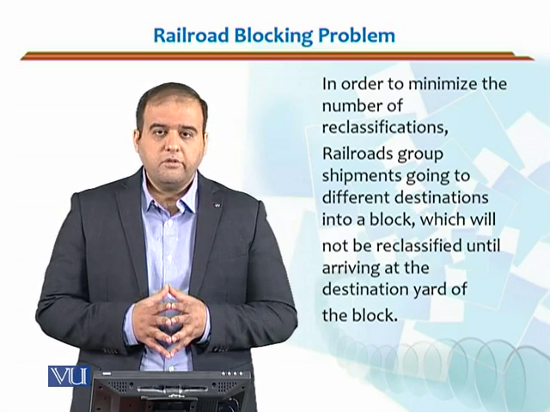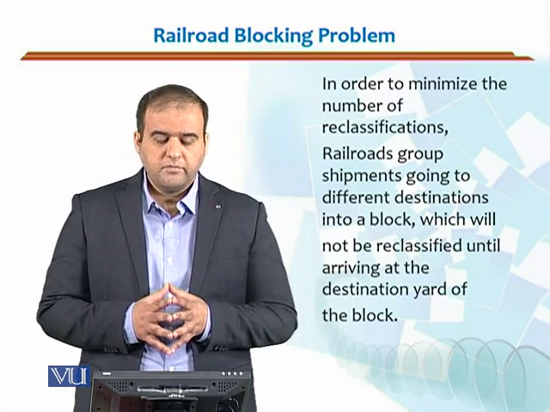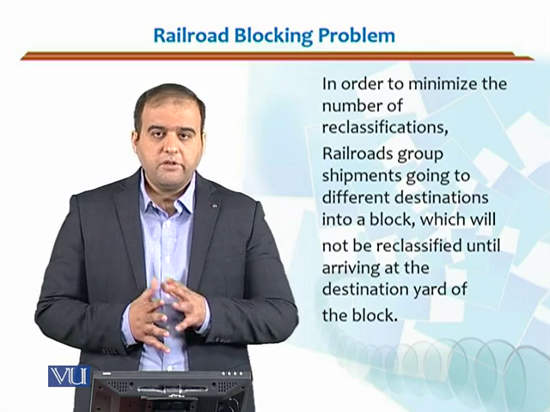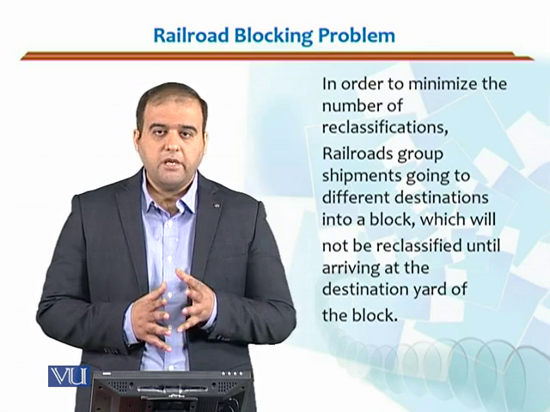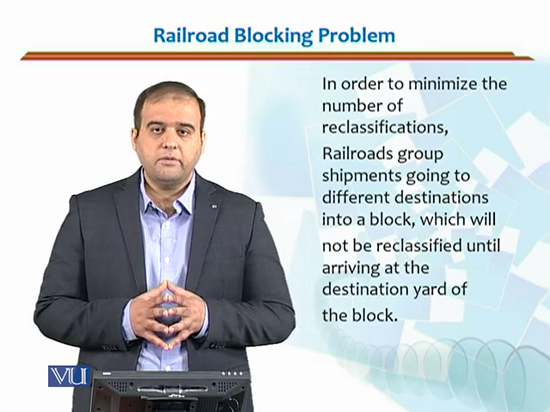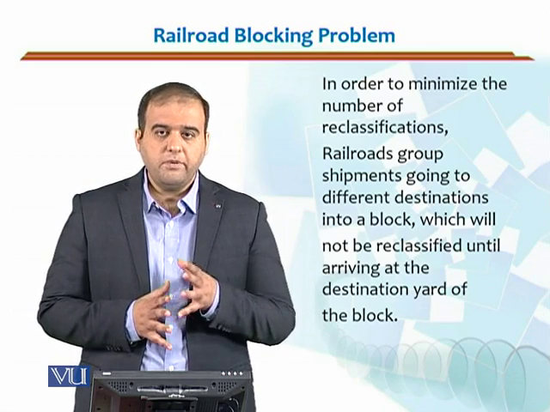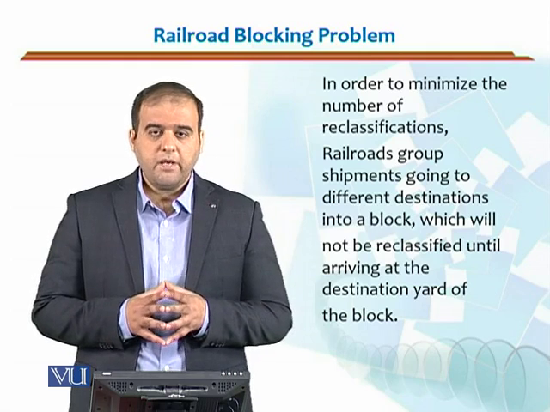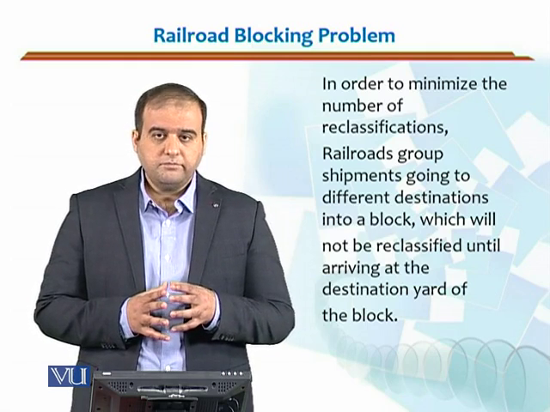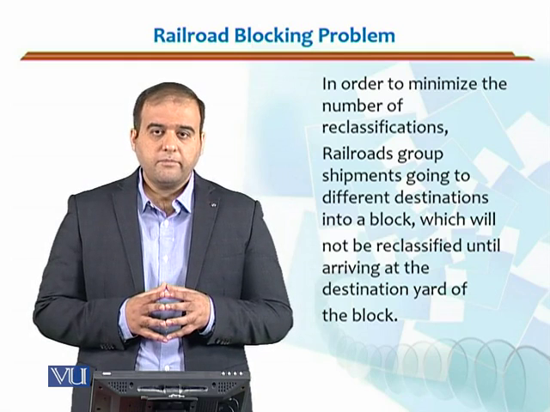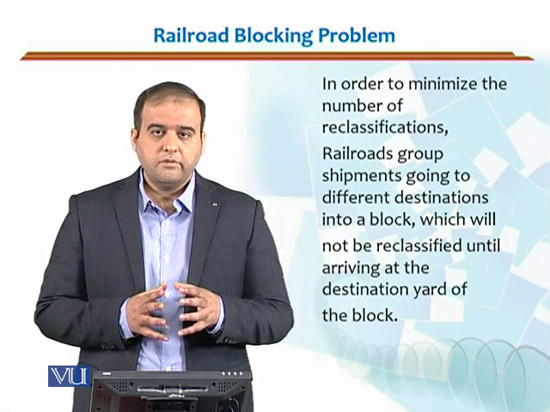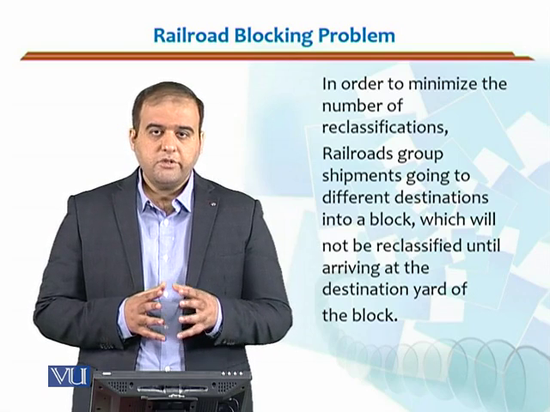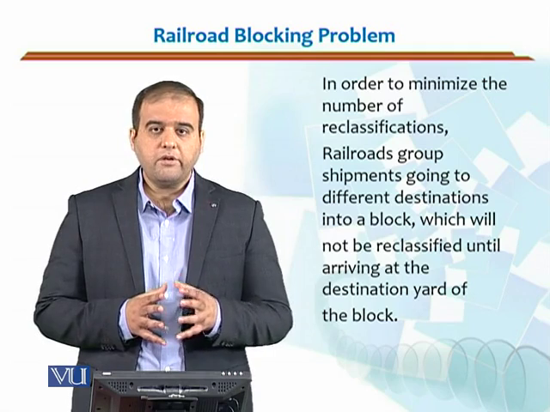So your railroad groups, which are for different destinations, will not be reclassified until or unless they reach that block. So reclassification would be minimized in this case. Why? Because until the inbound trains reach that block, they are not reclassified.